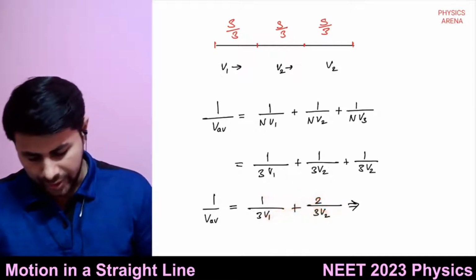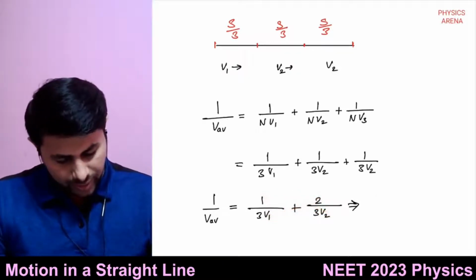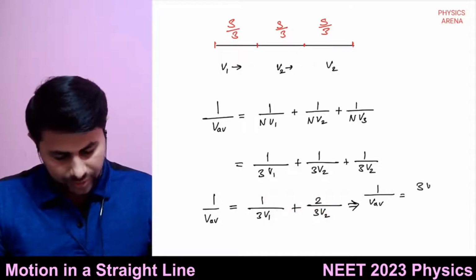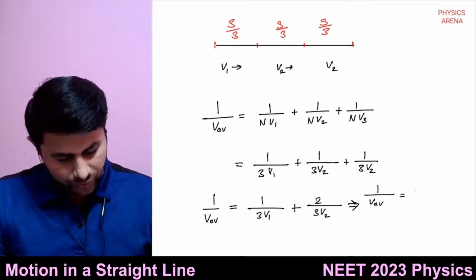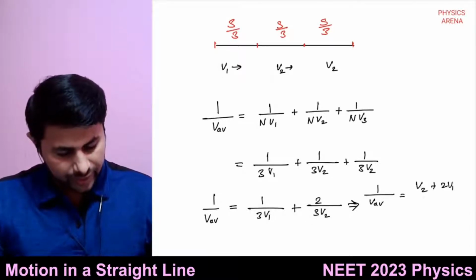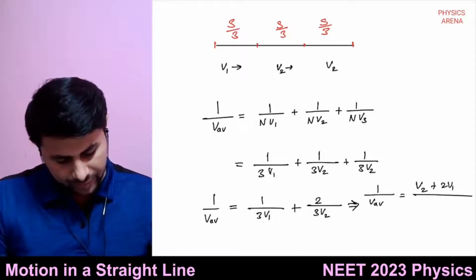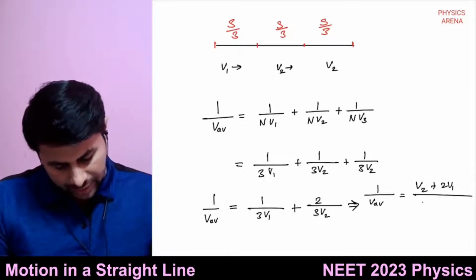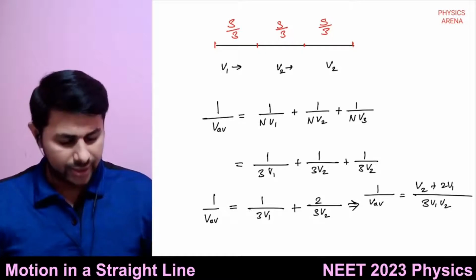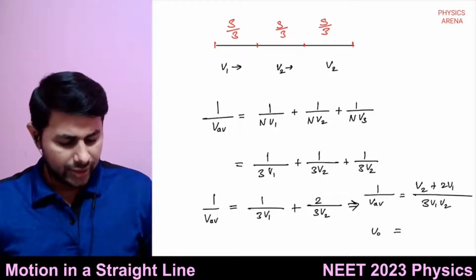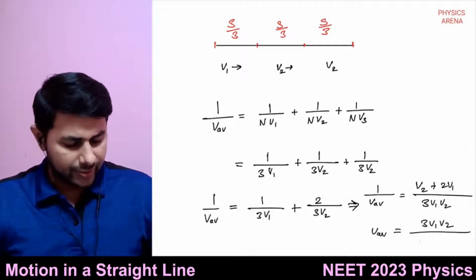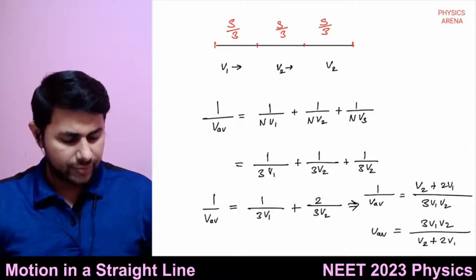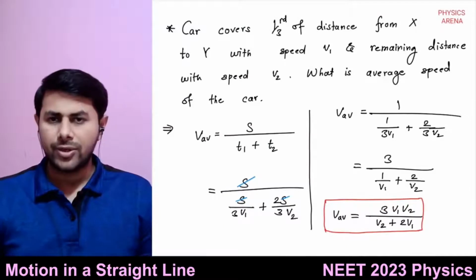So it is 1 upon v average is (v2 plus 2 v1) divided by 3 v1 v2. And if you take its reciprocal, v average is equal to what? 3 v1 v2 divided by (v2 plus 2 v1), and that's what we got here.